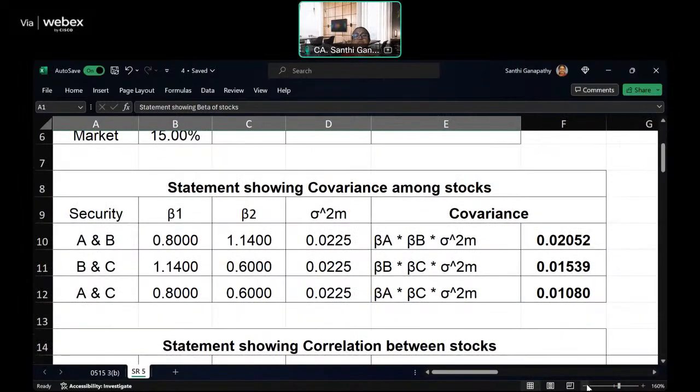Now, if you want to find the covariance between two stocks, what we should do, we need to take the beta of the first one, multiply with the beta of the second one, multiply with the variance of the market. That will give me the covariance.